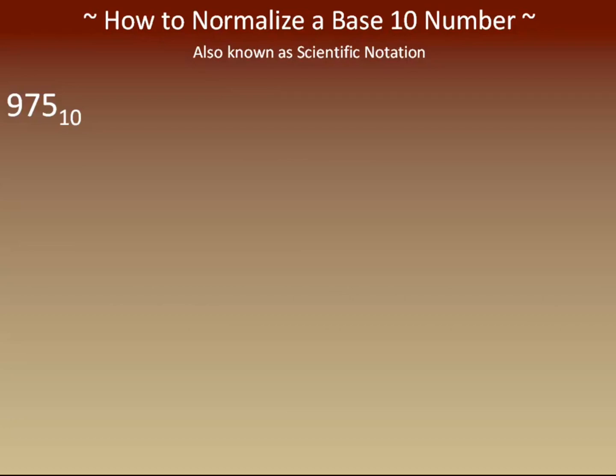Well, let's say we have 975 again. We're still working with base 10 numbers here, and we want to normalize it. To do this, we would move the decimal from its current location, which is to the right of 5, because remember this number could be written as 975.0. Then we move the decimal 2 places to the left, and we arrive at 9.75.